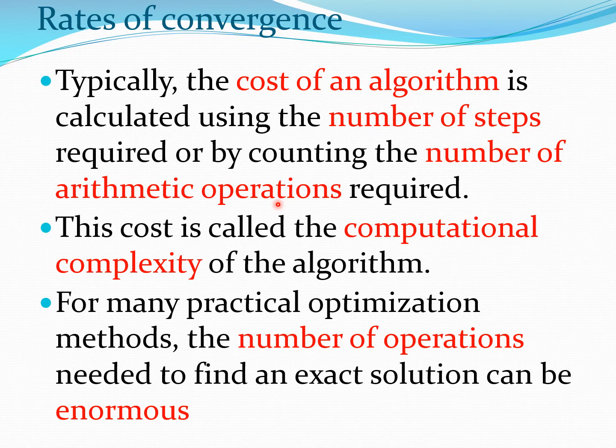The totality of these two aspects is known as the computational complexity of the algorithm. For many practical optimization methods, the number of operations which you need to do to find the actual solution can be very large.